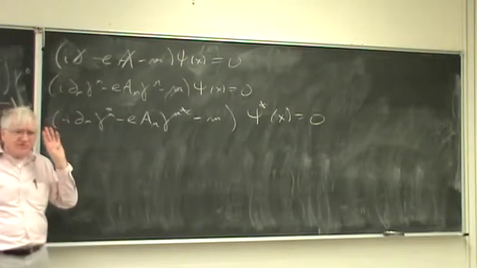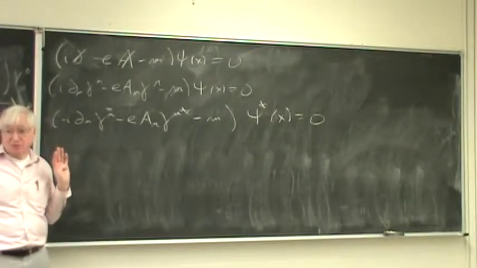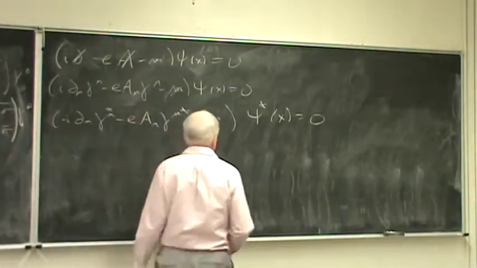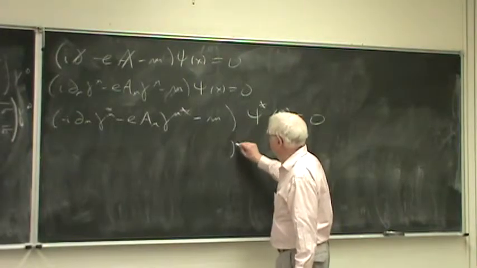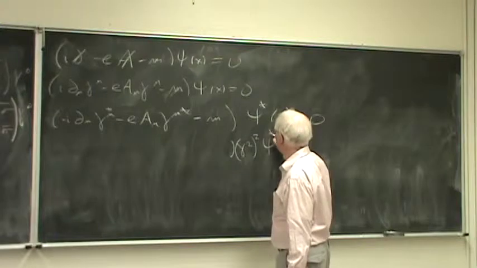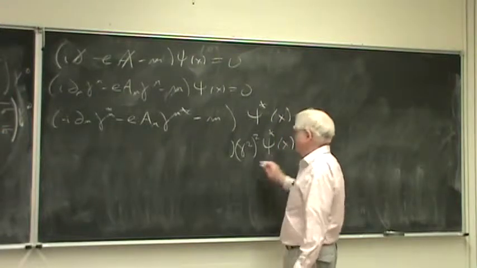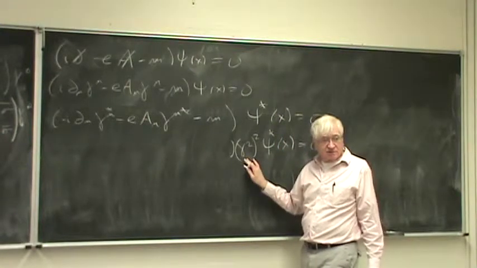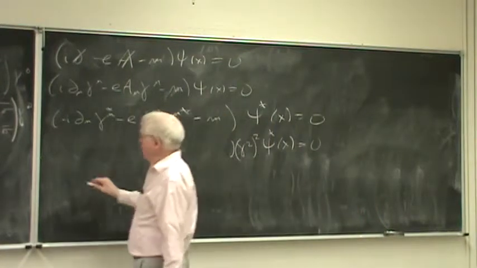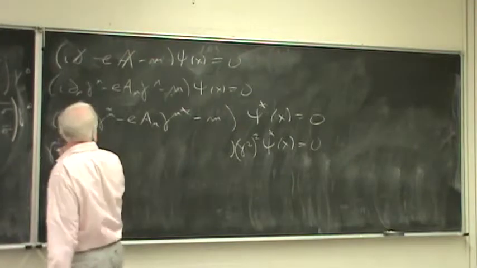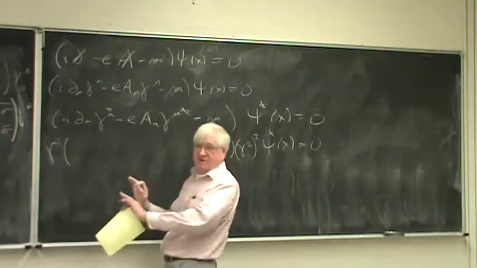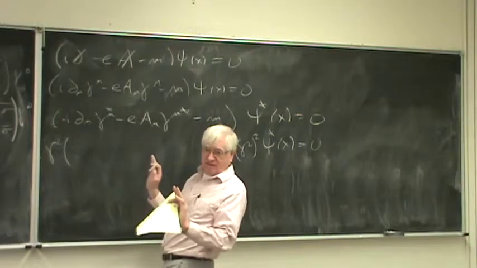On the other hand, all 4 gamma matrices anti-commute. So here's the trick. We're going to stick in here gamma 2 squared. Now that's just minus 1, or in Weinberg's metric, plus 1. And we're going to multiply here by gamma 2. And if it was 0 before I multiply by gamma 2, it'll be 0 after I multiply by gamma 2.